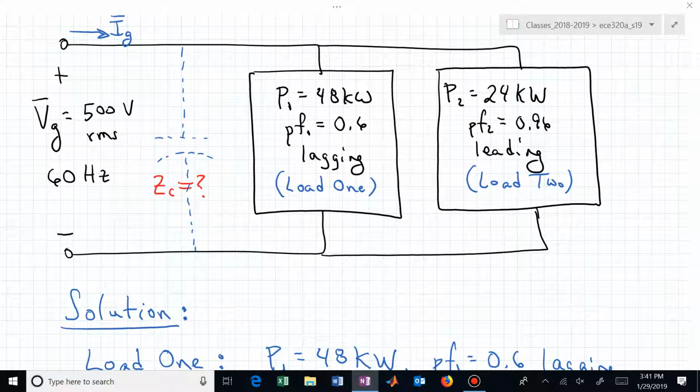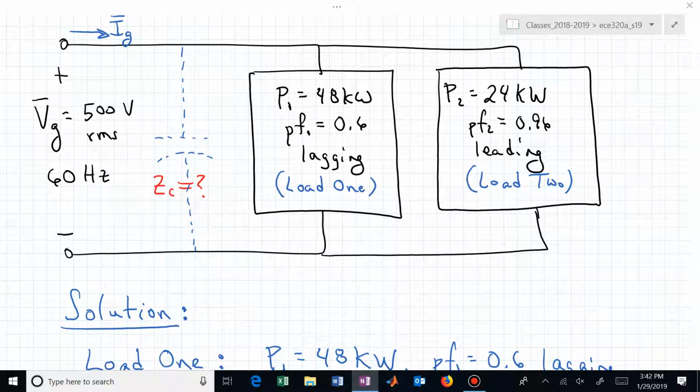That means that the reactive component is actually going to be bigger than 48 kilowatts. With a power factor of 0.96, that's close to 1. Well, if the power factor was 1, our angle would be 0. So that's another way of thinking about what relationship exists between theta of 45 and theta of 0.